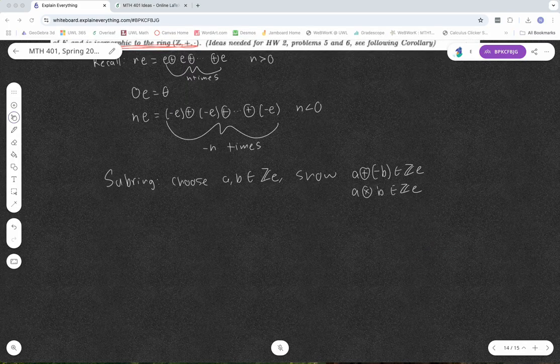So A is going to equal, if we're in ZE, M times E, and B is going to be N times E for some integers M and N.